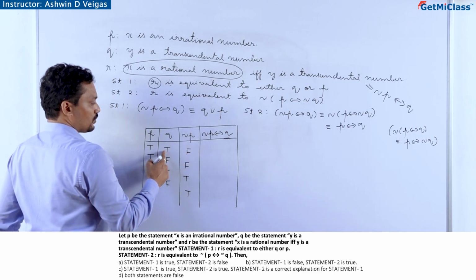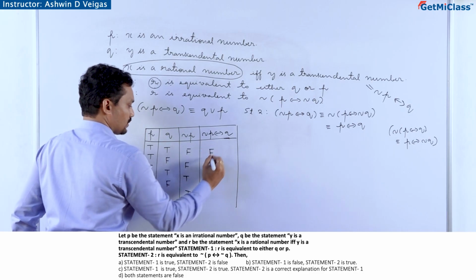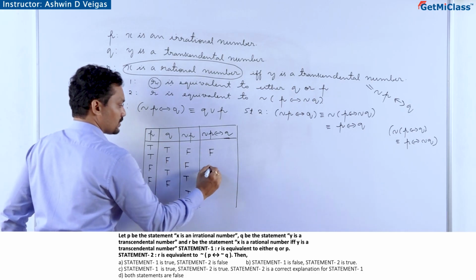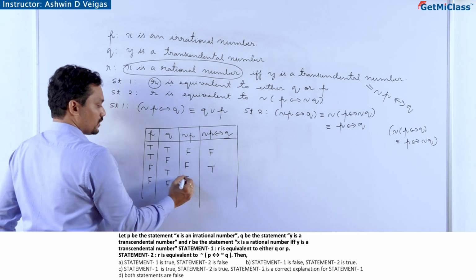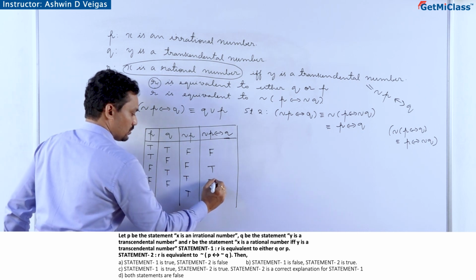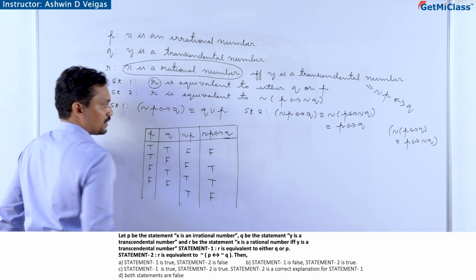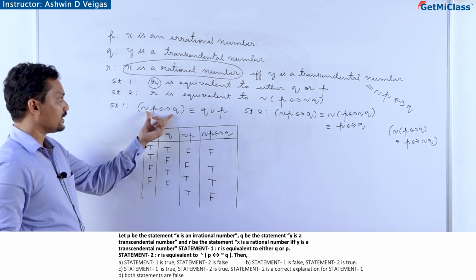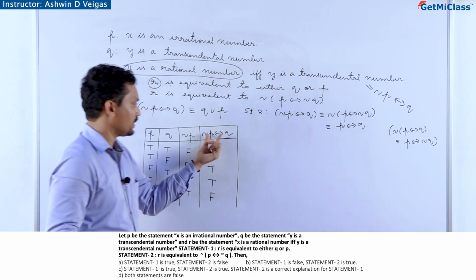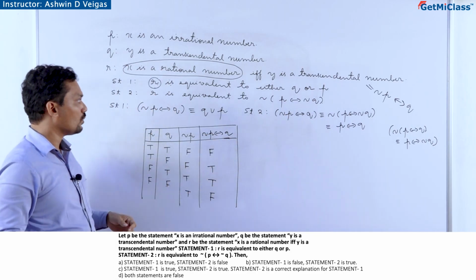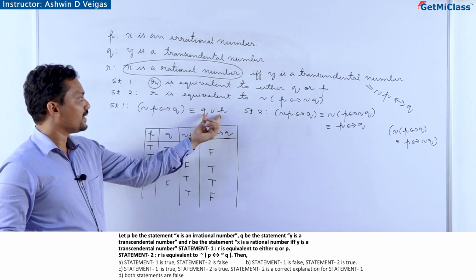False if and only if true is false, false if and only if false is true, true if and only if true is true, true if and only if false is false. Therefore, you can see the right hand side of both the statements is this. Now, Q or P is standard.